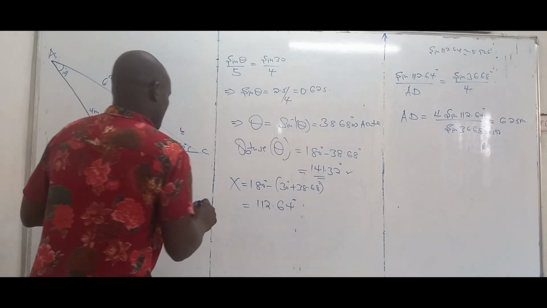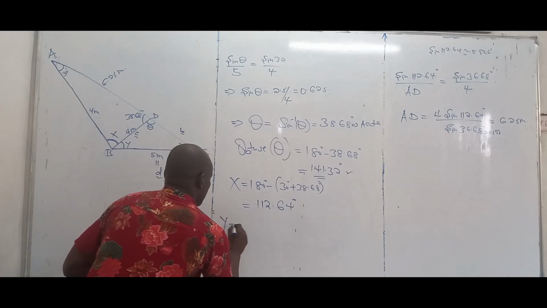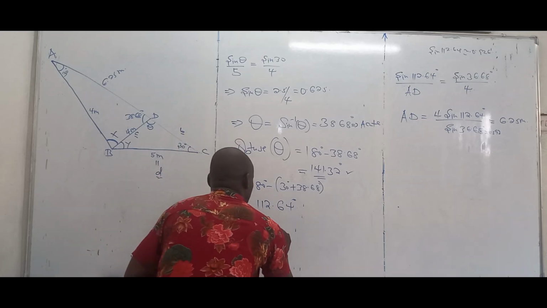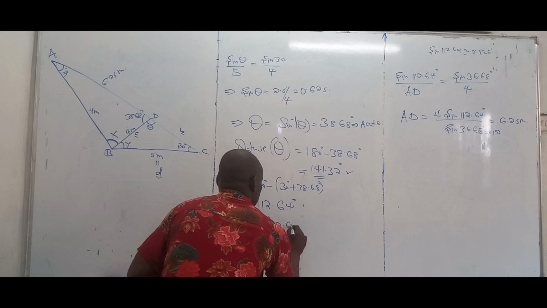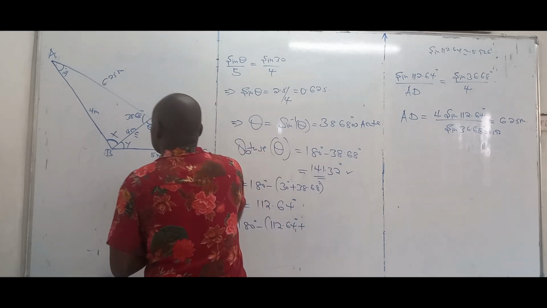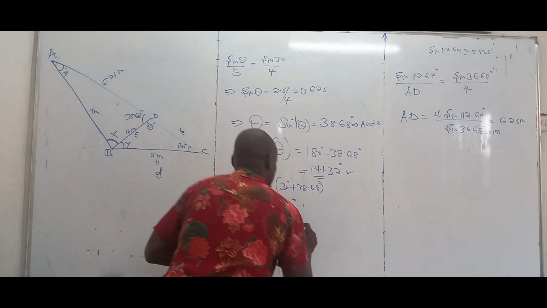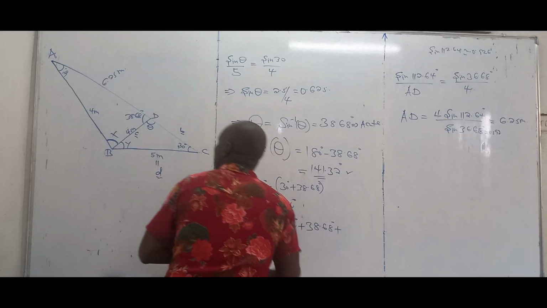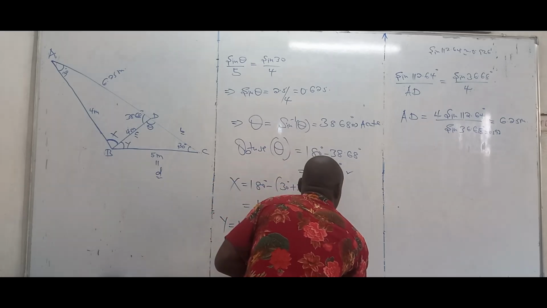So I'll be saying that Y will then be 180 degrees minus 112.64 degrees plus 38.68 degrees plus 30 degrees.